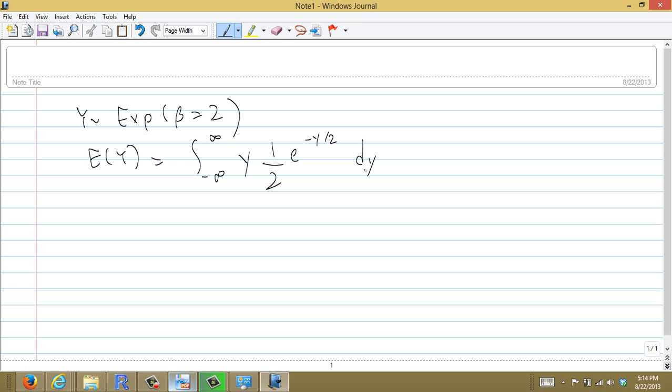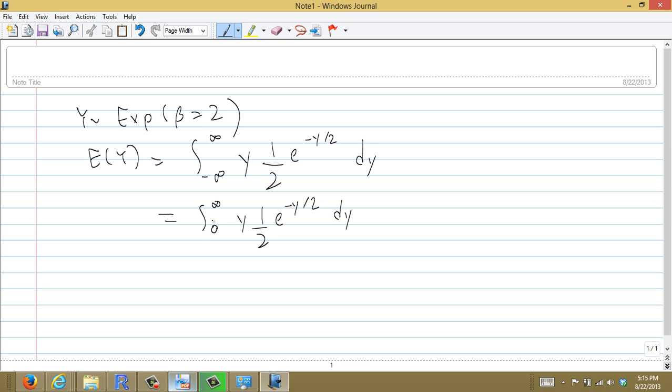But because the density is defined to be 0 for impossible values of y, this can be simplified to the integral between 0 and infinity of y times 1/2 e to the negative y over 2 dy. So this integral is actually solvable using integration by parts, and you can show off your calculus power by doing so, but that's actually a lot more difficult than it needs to be.